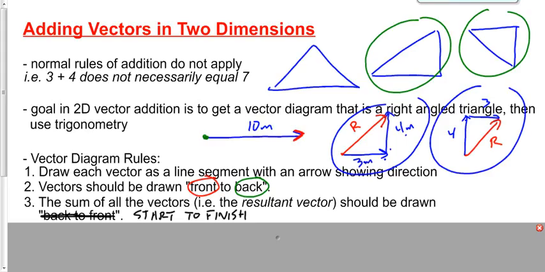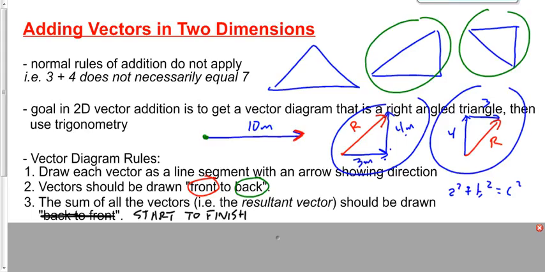Yeah? Pythagorean theorem, right? This is grade 9 or grade 10. Pythagorean theorem. We would say r, in both cases here, let's take that back a step here. a squared plus b squared is equal to c squared.